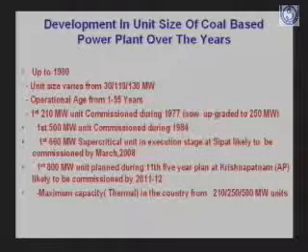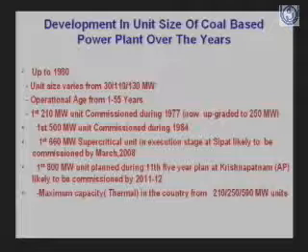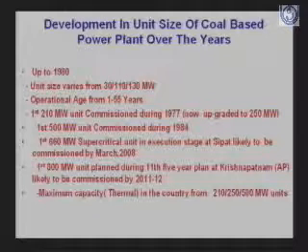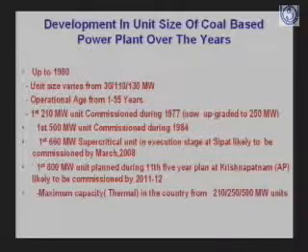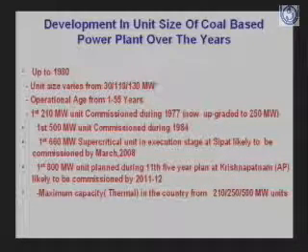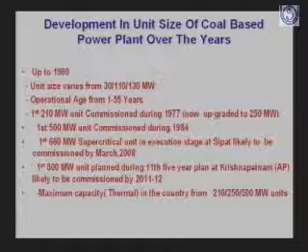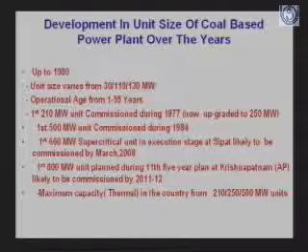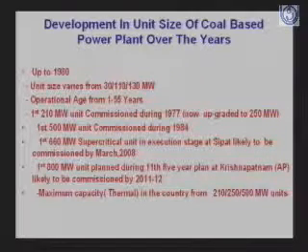But the coal is burned in the boiler, and then this heat converts the water into steam. The steam goes to the steam turbines, and then it rotates the rotor. This rotational movement of the machine is converted into electricity through the generator.